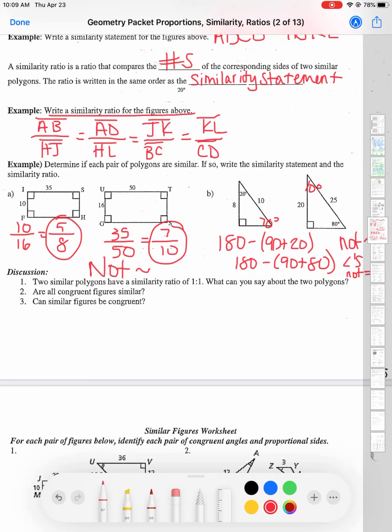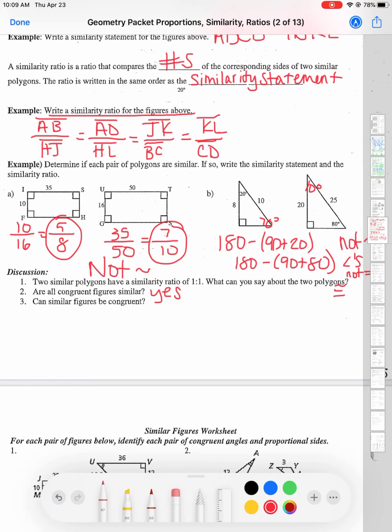Okay, then we have some discussion questions. Two similar polygons have a similarity ratio of 1 to 1. What can you say about the two polygons? So if they have a similarity ratio and the numbers are equal, then those two shapes are congruent. Are all congruent figures similar?